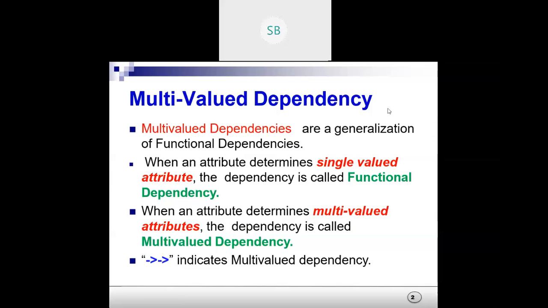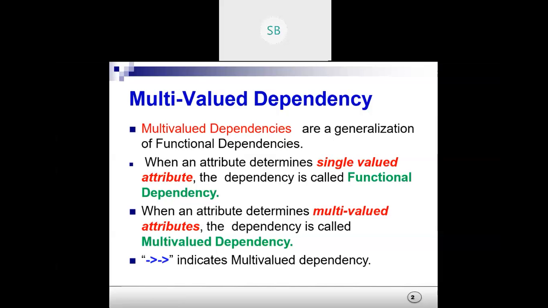As we are aware, in second normal form we had partial dependency. In third normal form we have transitive dependencies. In fourth normal form there will be multi-valued dependencies. So what are multi-valued dependencies? They are a generalization of functional dependencies.